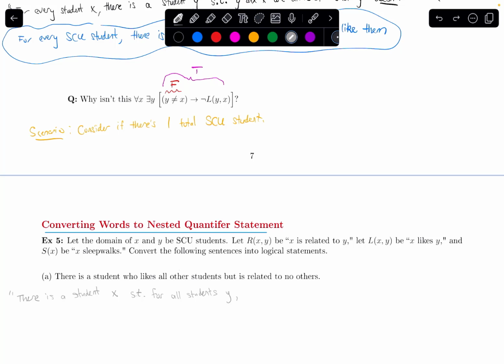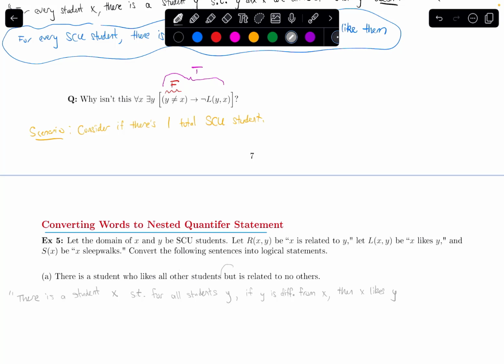So that will look like if y is different from x. So if y is different from x, well, that's the way I'm going to describe the word other. So if that happens, then x likes y, but is not going to be related to y.